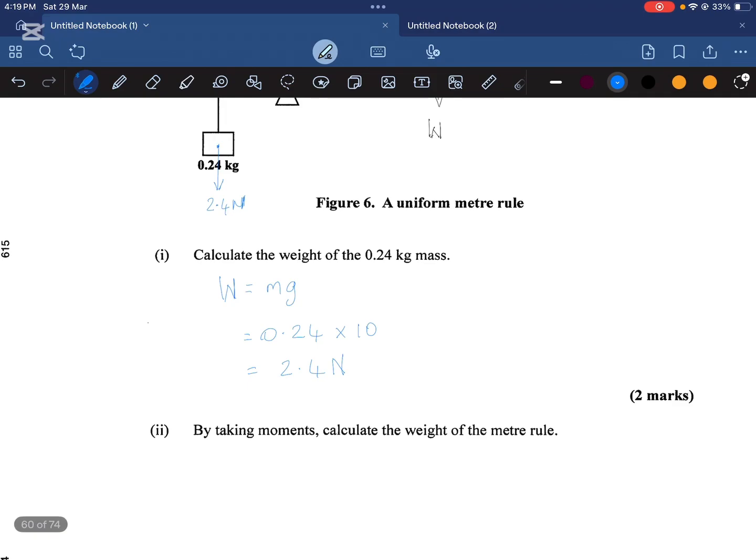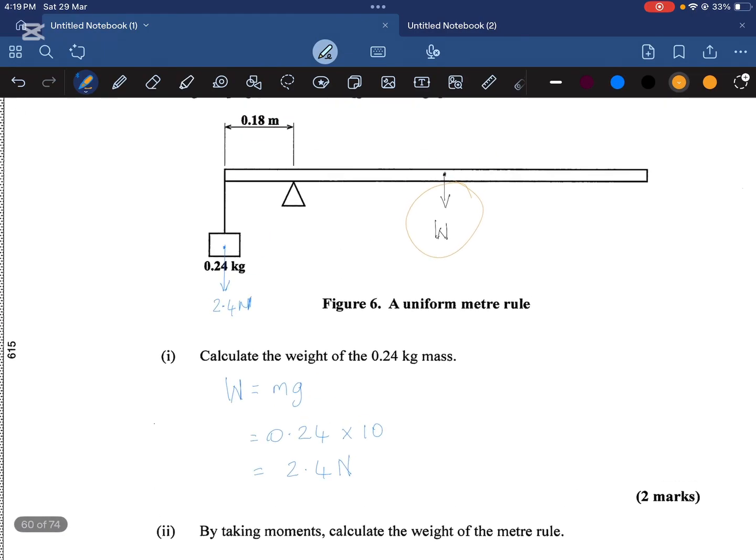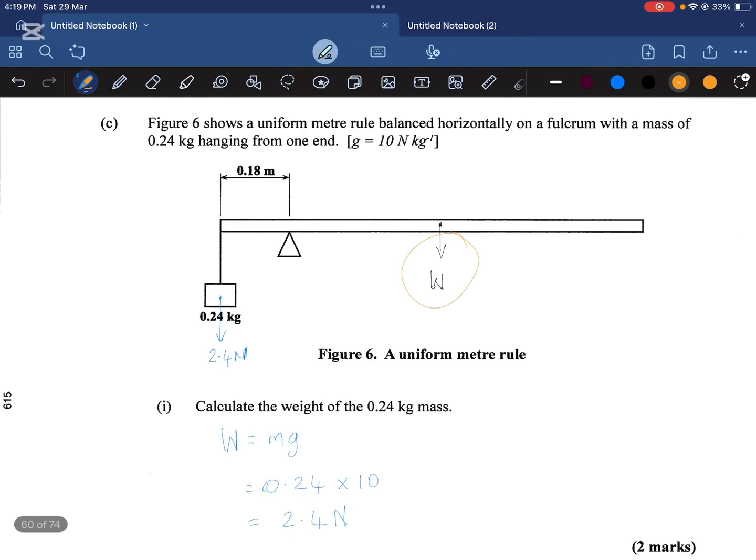Next part: by taking moments, calculate the weight of the meter rule. That's where this part comes in, because we know that the 2.4 Newtons is going to cause a moment effect in that direction, and the weight will have a moment in that direction.